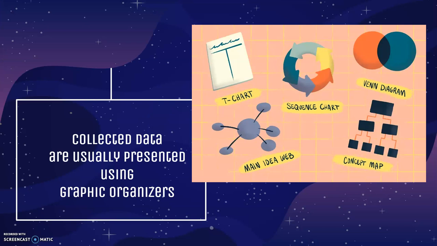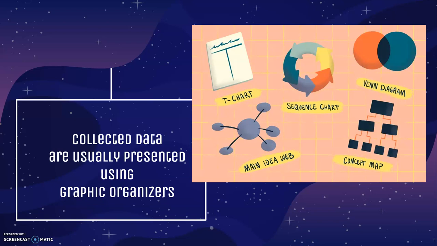So remember what we learned during the lesson on communicating as one of the science process skills. When we have collected data, we need to communicate our information, the data, through graphic organizers that will make the audience, other people, understand a lot better. For example, we can use charts, diagrams, or maps.